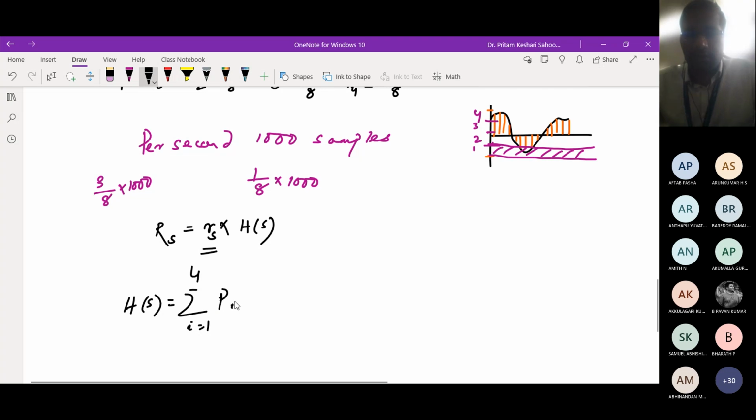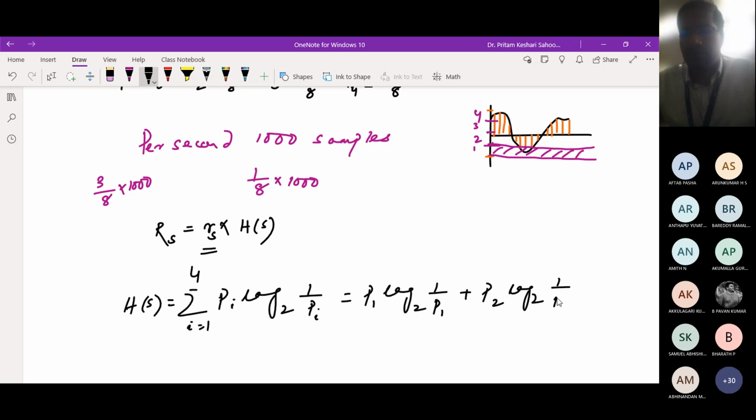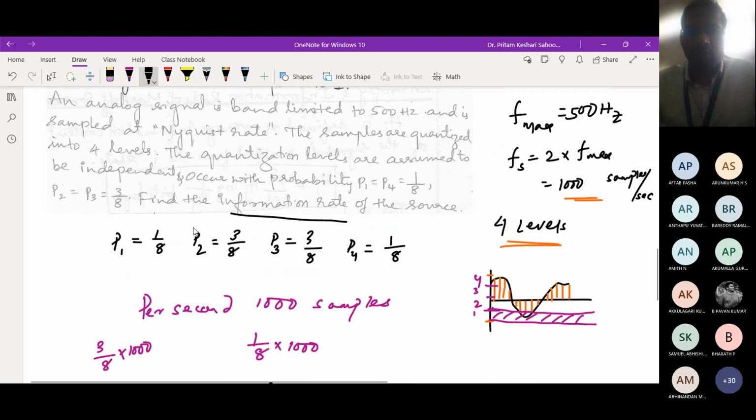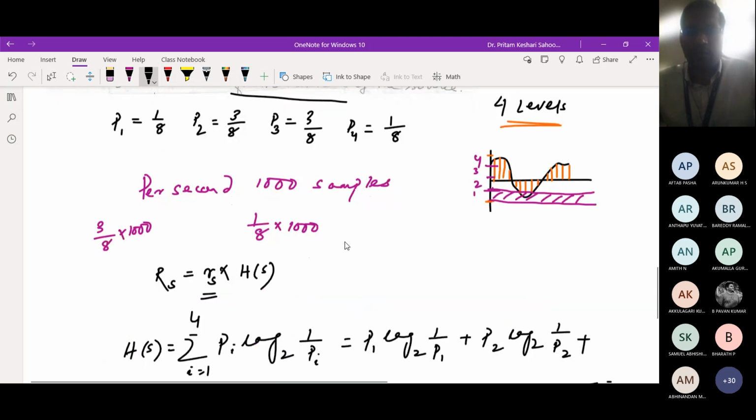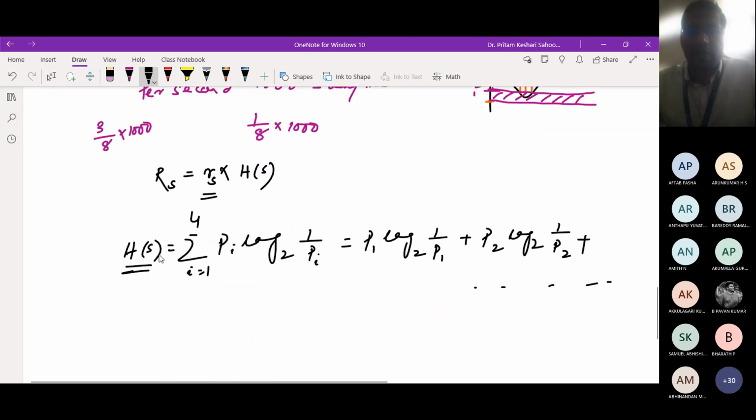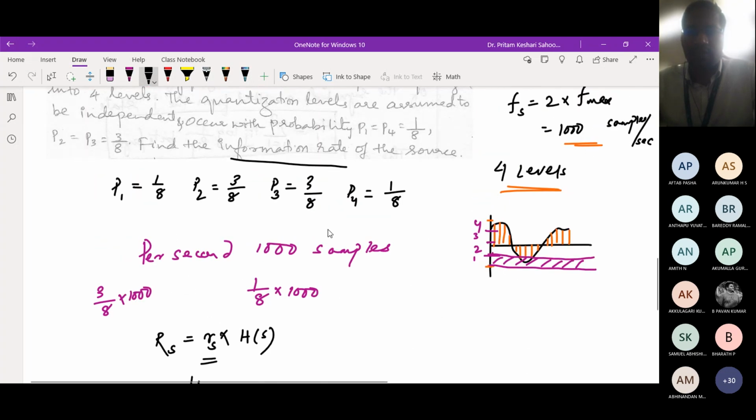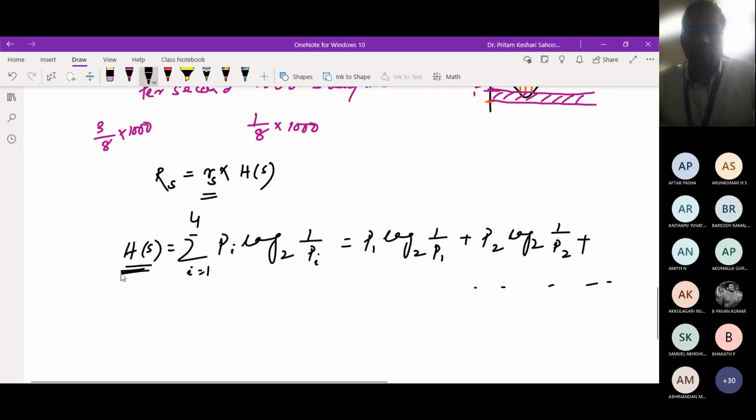So this one you should write in this particular form. On expanding, you can write also like P1 log base 2 1 by P1 plus P2 log base 2 1 by P2 plus P3 and P4, like this you can write. So P1, P2, all values are given. So using their respective probability, you can find out the average information. RS value is given, 1000 samples per second. So whatever value you are getting, the value of average information, you multiply with 1000.